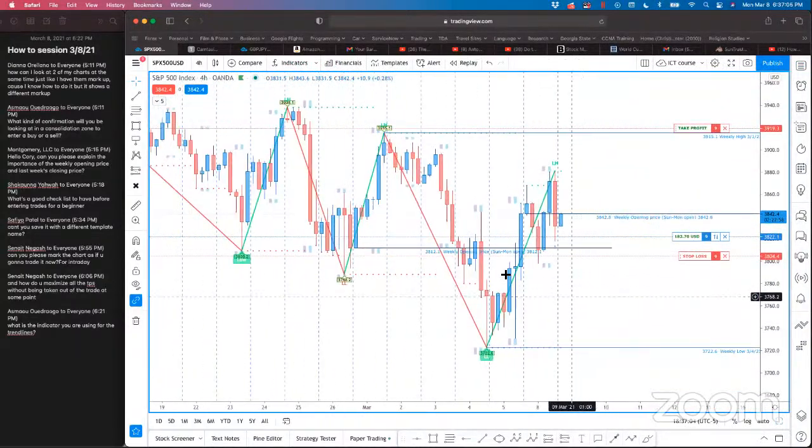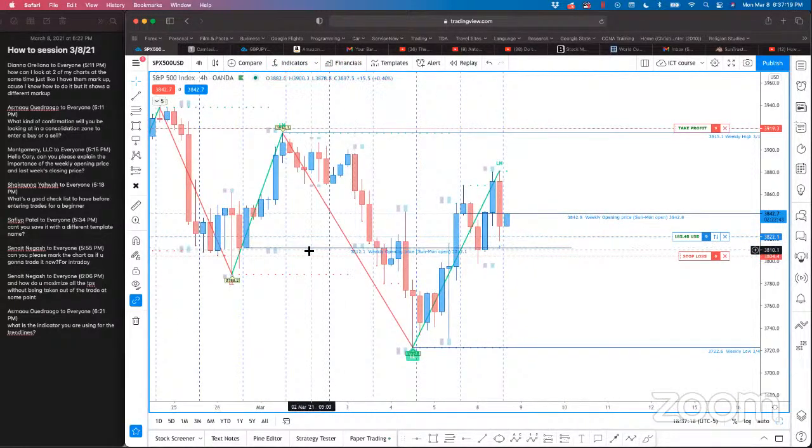So this is last week's opening price. What you'll notice is that this opening price, typically, you can use the opening price as a key area throughout your trading week, right?